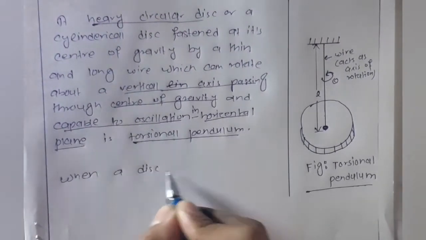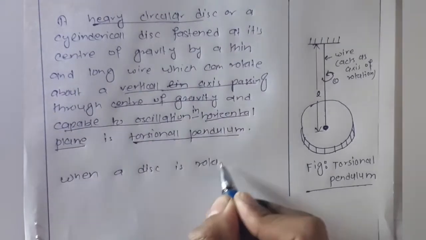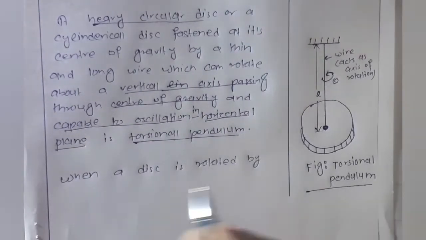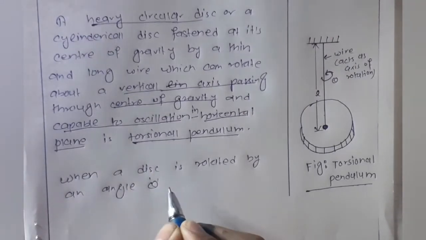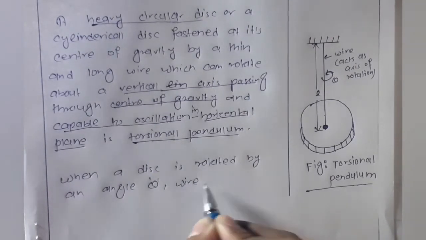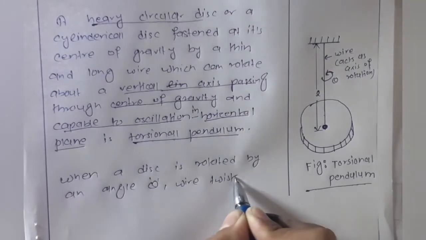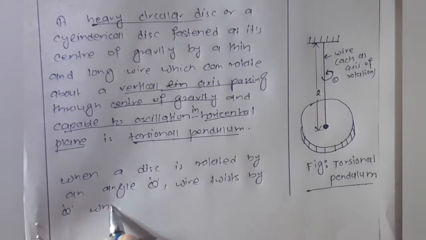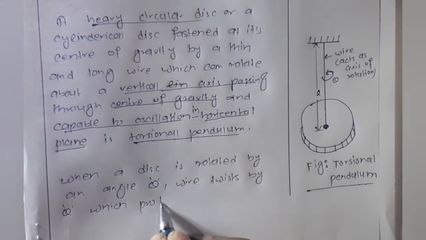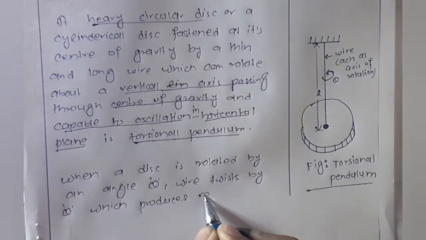When a disc is rotated through an angle theta, the wire is twisted by theta, which provides the restoring torque.